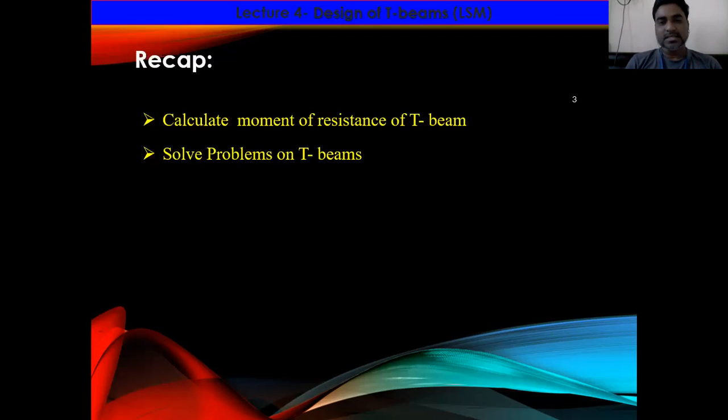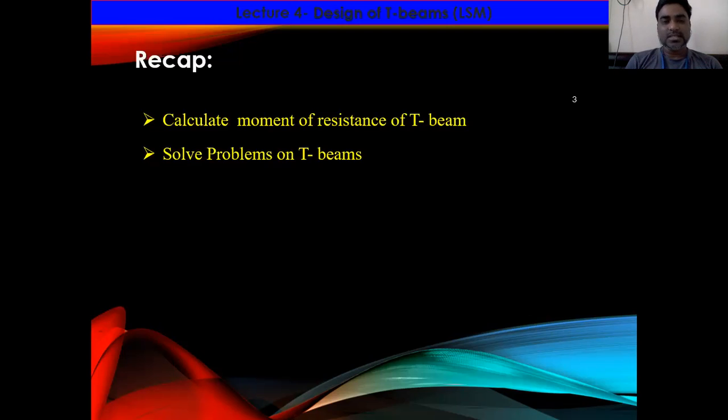And another case is if the depth of neutral axis is within the web and the compression stress distribution along the thickness of flange is not uniform. That means Df by d is greater than 0.2.